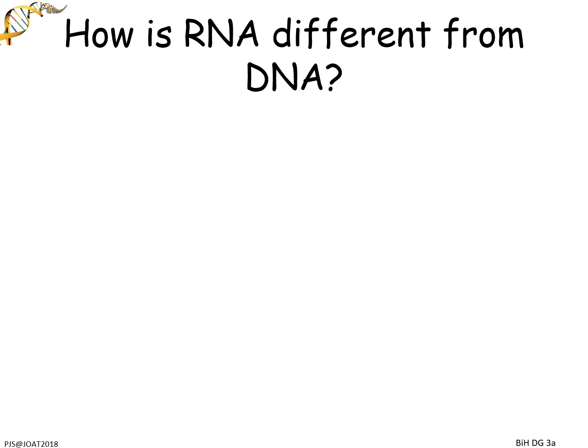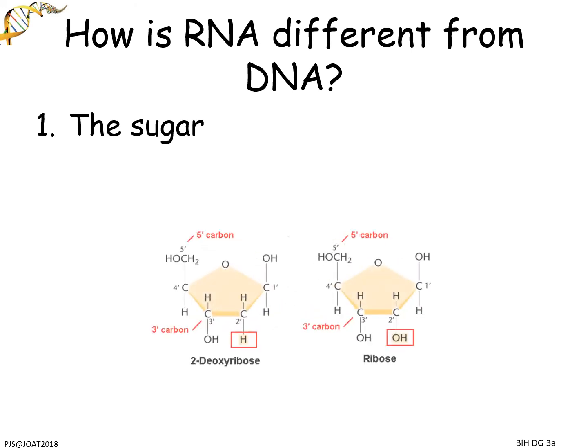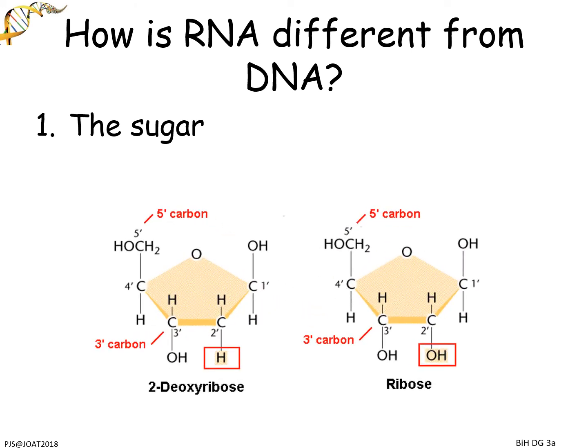So to be very clear about how RNA is different from DNA, you are quite often asked to name structural differences. So here we go. First off, the sugar, and it's not a big difference. I showed you it earlier when we were looking at DNA. It is just this. On the ribose in RNA, you still have an oxygen here. The deoxy in DNA has taken away an oxygen.